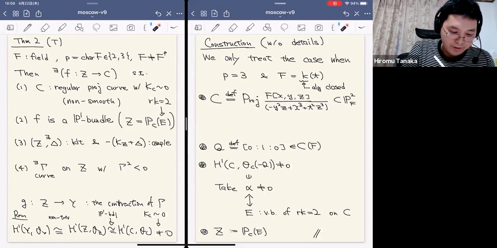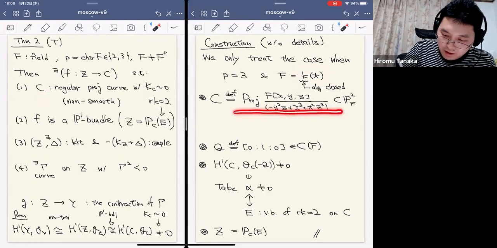Then in this case, we first define C to be this cubic curve inside P2.